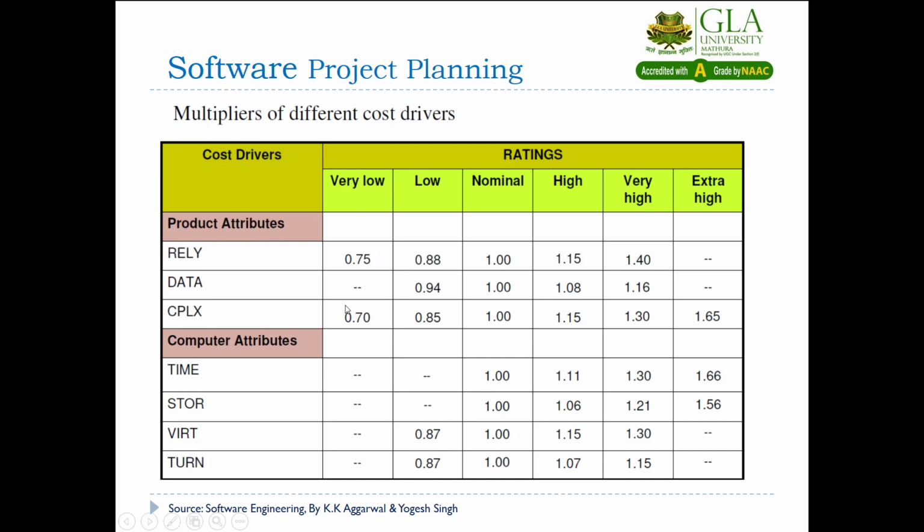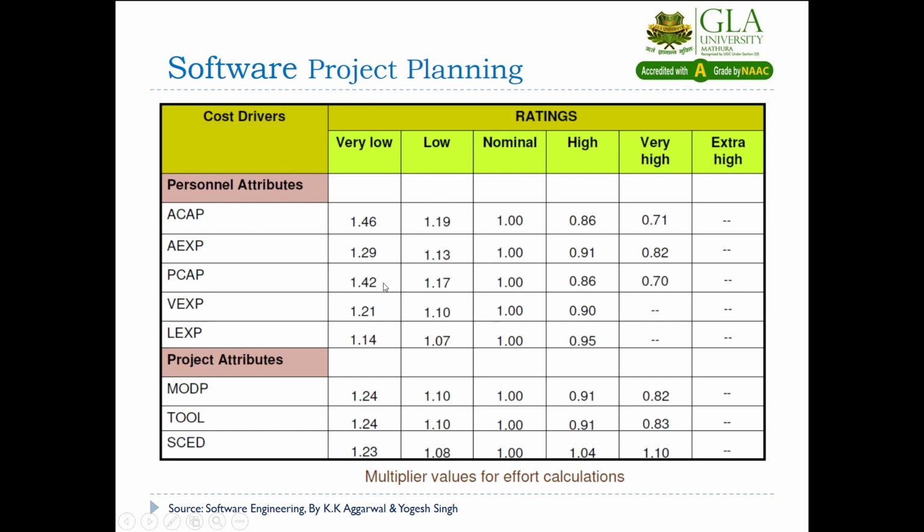If we talk about complexity, for very low complexity the value is 0.7, for low complexity 0.85, for nominal complexity 1.0, high complexity 1.15, very high complexity 1.30, and for extra high complexity it is 1.65. So this is the rating provided to each and every attribute. Each and every cost driver will be used to estimate the effort adjustment factor. One thing is important that I will discuss in the numerical.